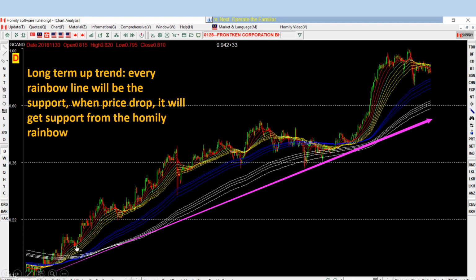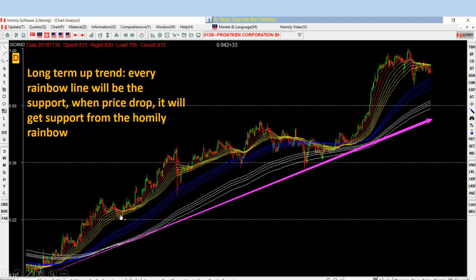Here, if the price starts dropping, then goes up again and breaks out the red line, you should consider buying in for the short term. And if you see the price break down the green line, and the green line also turns down, you need to consider selling out for the short term.